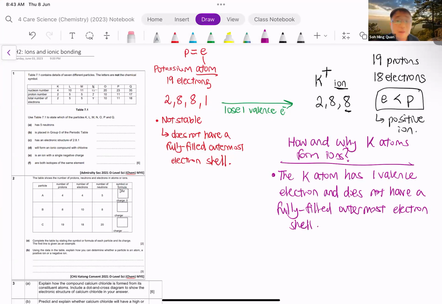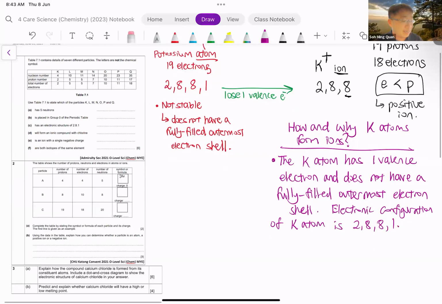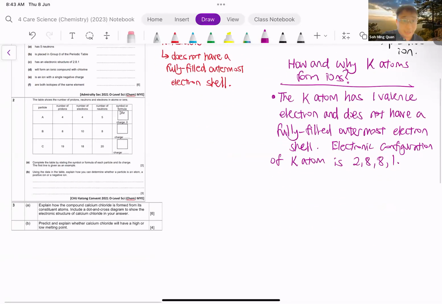You might want to add also that the potassium electronic configuration is 2, 8, 1. This explains why the atom is not stable, because it doesn't have a fully filled outer electron shell.